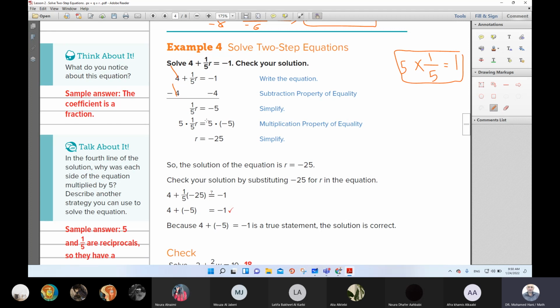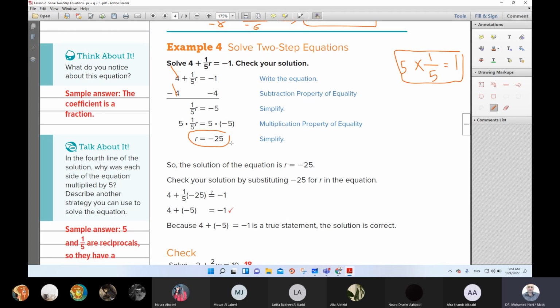So here we want to remove 1 over 5. So you can multiply the two sides by the reciprocal of 1 over 5. What is the reciprocal of 1 over 5? It will be 5. 5 times 1 over 5 will be 1. And on the second side, 5 times -5 will be -25. So the solution will be r equal -25. This is the solution of this equation.